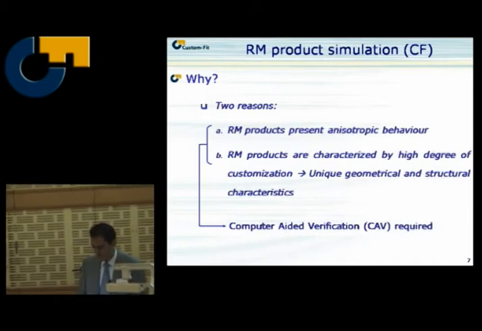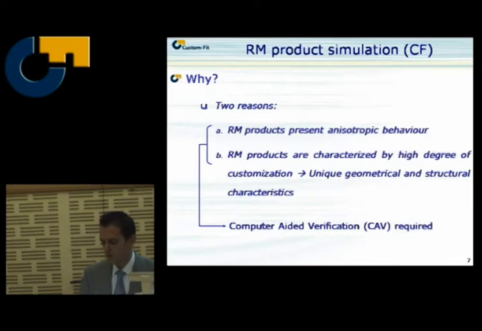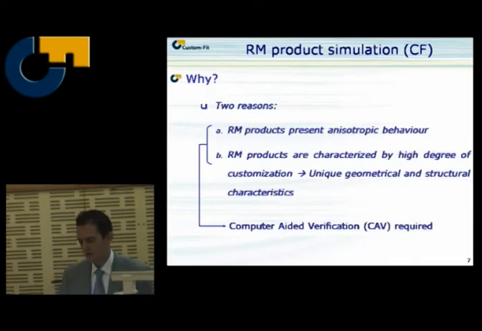Another reason is that the rapid manufactured products are characterized by a high degree of customization. This means that each product has unique geometrical and structural characteristics. So the standard procedures that are followed for the verification and the certification of the mass-produced products are not economically feasible to be utilized in rapid manufactured ones.